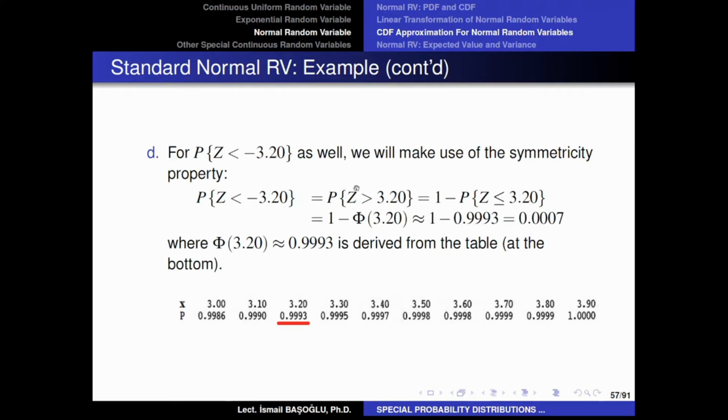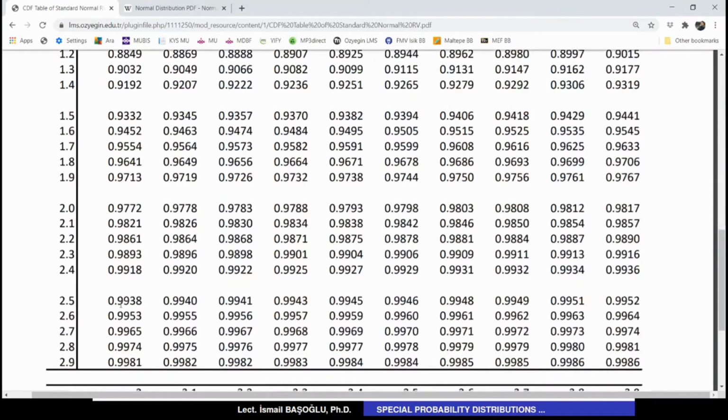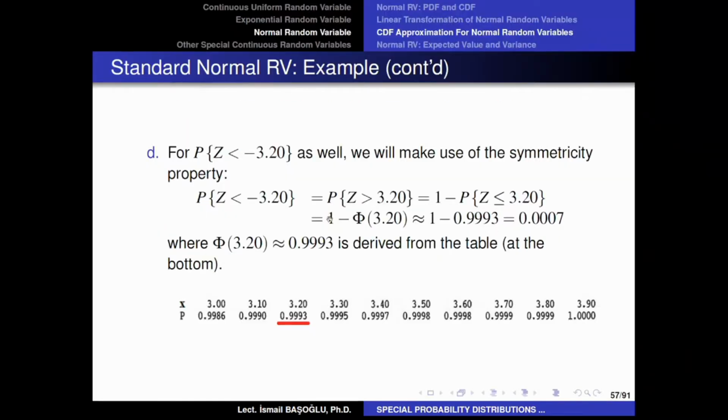And that tail probability is calculated by subtracting the cumulative probability at 3.20 from 1. And in the table that you have, you can find the cumulative probability at 3.20 at the bottom as 0.9993. And we subtract that probability from 1 to get the area on the right-hand side, which is 0.0007.